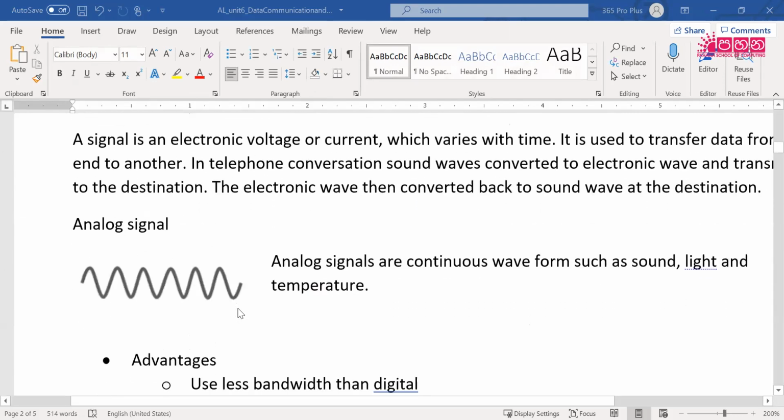So in analog, we said continuous waveform.